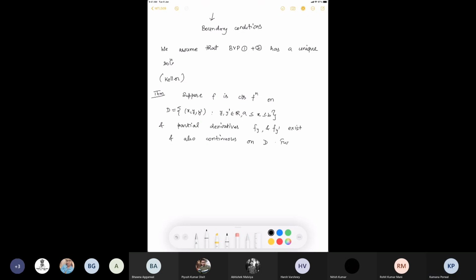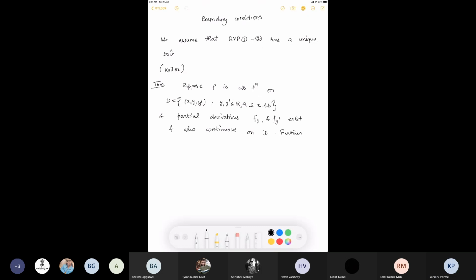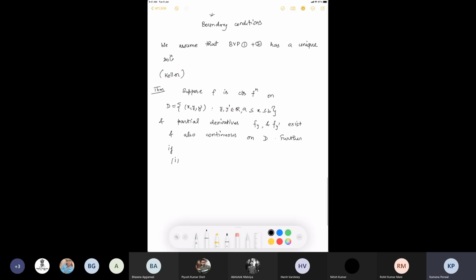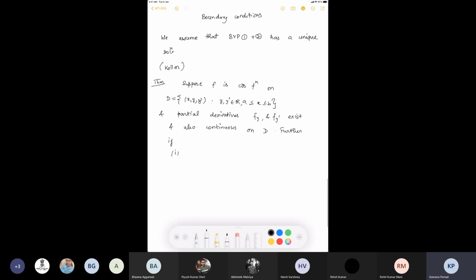Further, consider the partial derivative of f with respect to y, that is f_y.